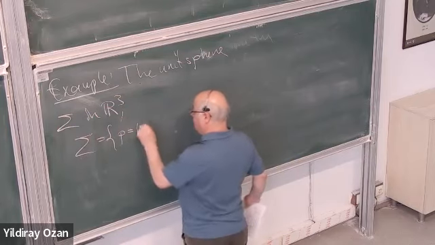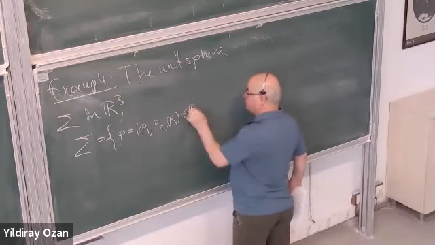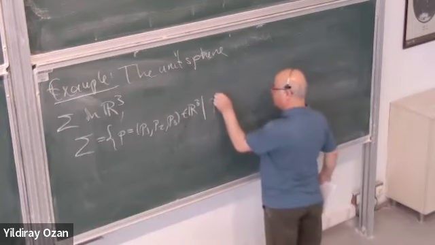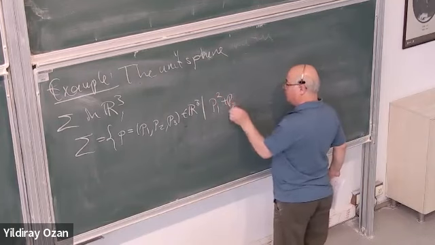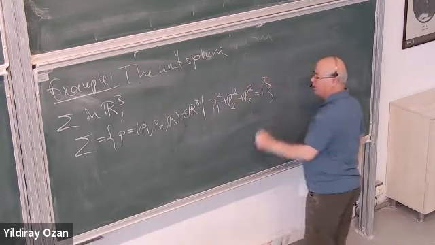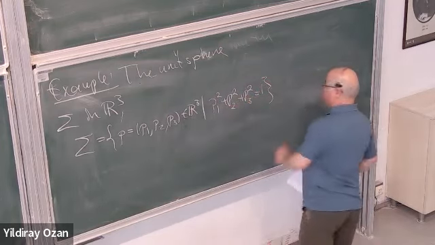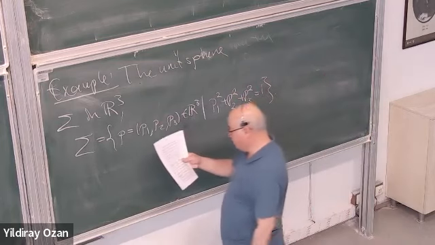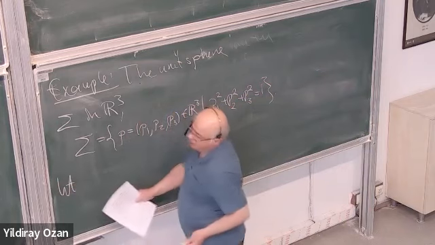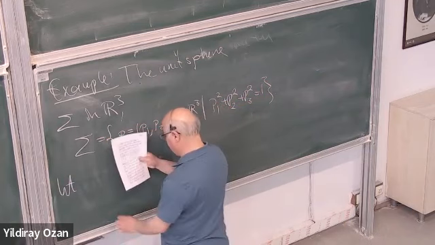So points in R3 so that the sum of the squares of the coordinates is equal to 1. So it's a subset of R3. We claim that this is a surface. So let's see if we can find such a coordinate patch around each point.